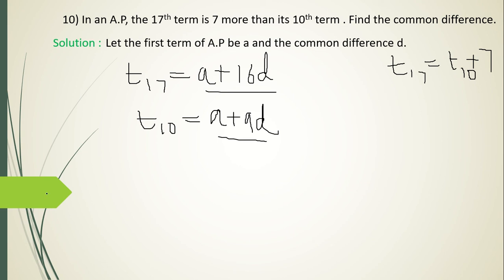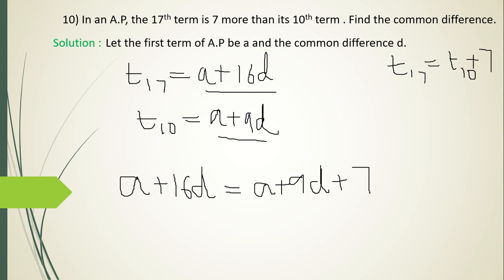Now according to this condition, for T17 I will put A plus 16D, and for T10 I have to put A plus 9D, plus this 7. Now this A will get cut from both sides. 9D comes this side. 16D minus 9D will be 7D is equal to 7. Therefore D is 7 upon 7. D is equal to 1.